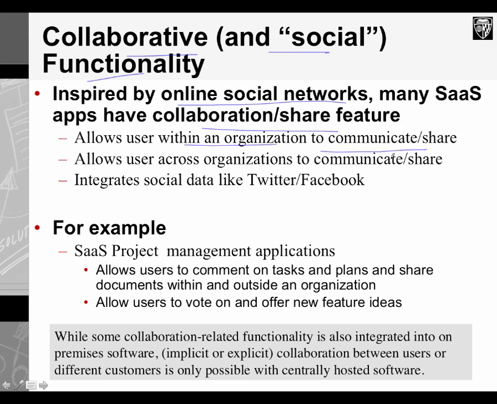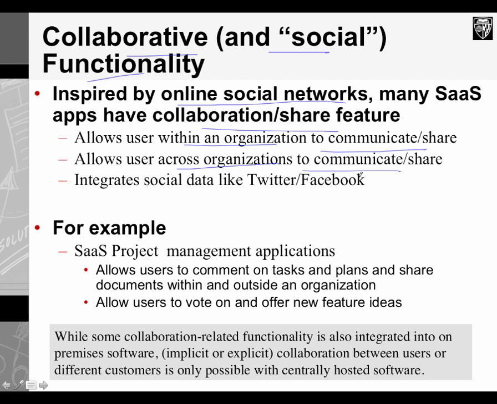It also allows users across organizations to communicate and share. For example, when you have CRM software or supply chain management software, your suppliers and your consumers can all be part of the same ecosystem, and they can communicate with each other.